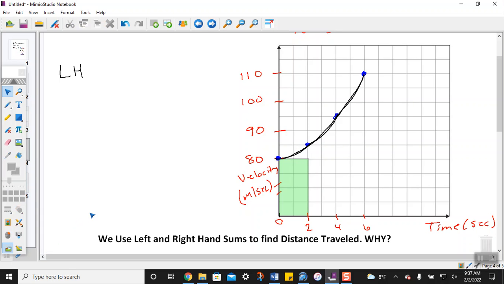Okay, that's the first one. Then, what am I gonna do after that? Draw another one. Make another one between what and what? 2.